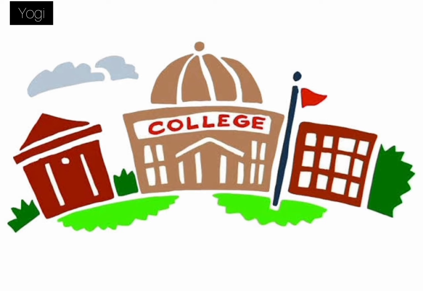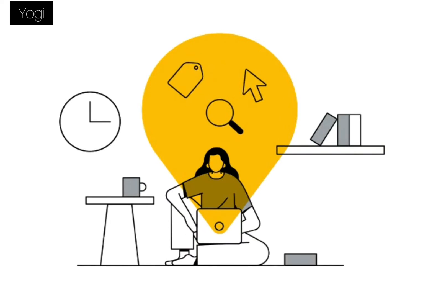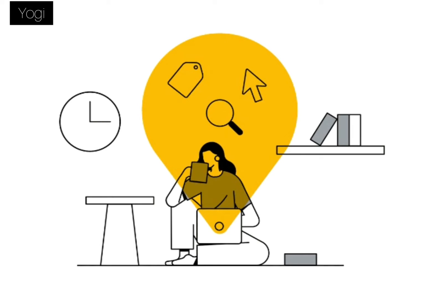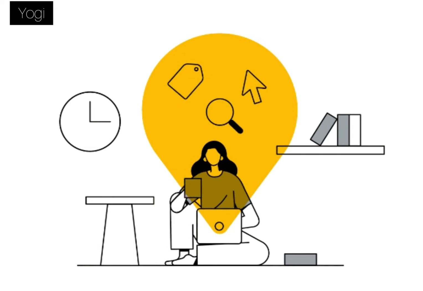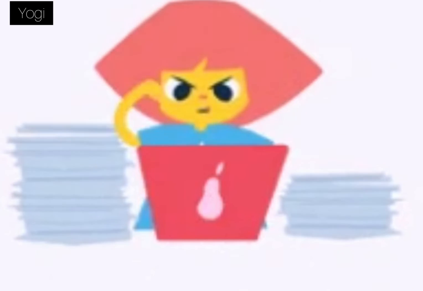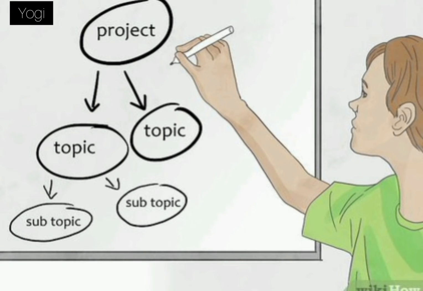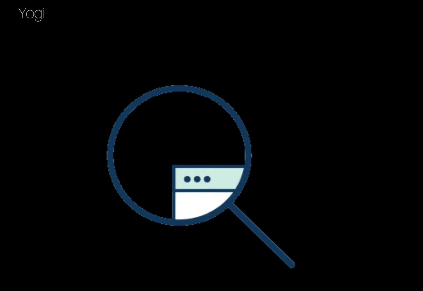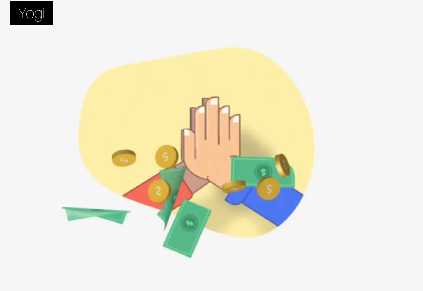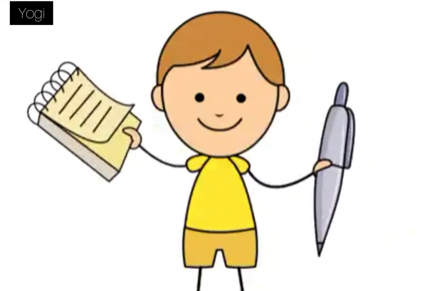Whenever the college announces that you have to do a project, the first thing you have to do is search the topic, because the topic will decide how your project is going to be. Before choosing your topic, search on the internet, because if you find similar projects, it will be helpful, and also go through whole projects.